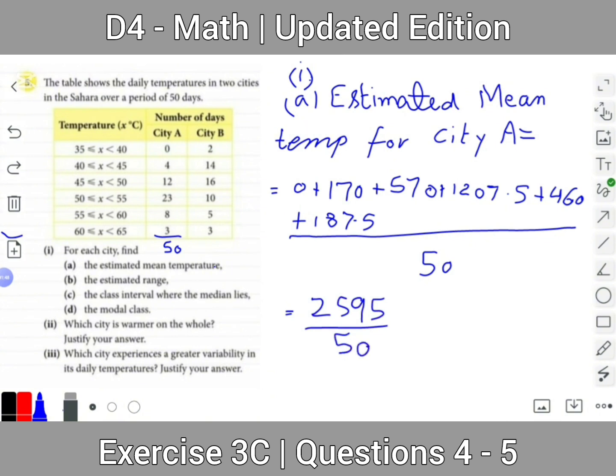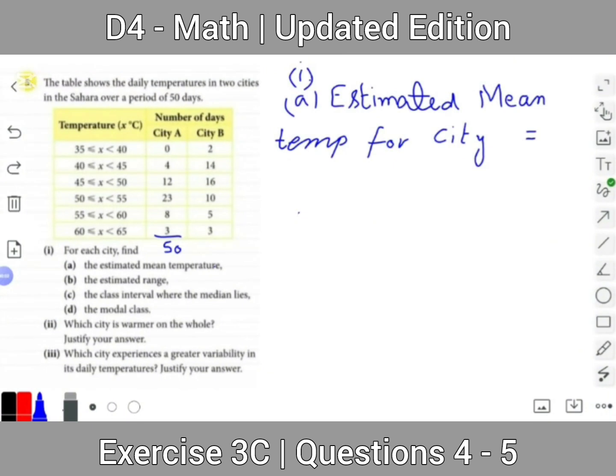Now 2595 divided by 50 will give us 51.9 degrees Celsius. So the estimated mean temperature for city A is equal to 51.9 Celsius.